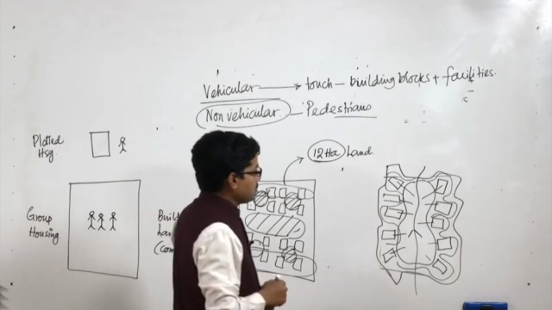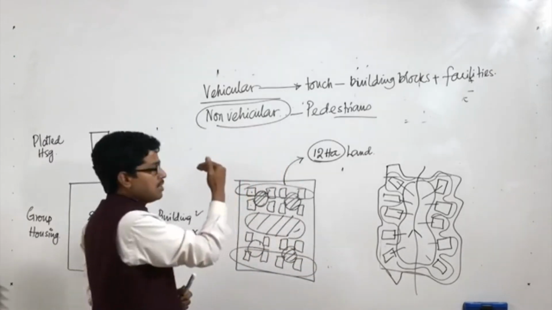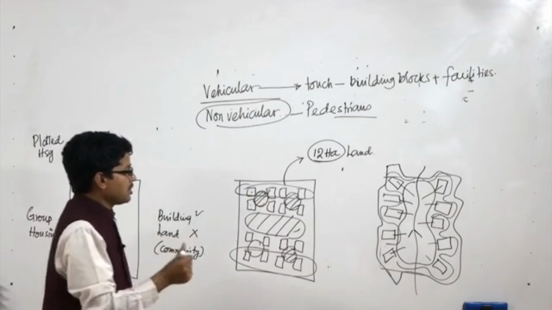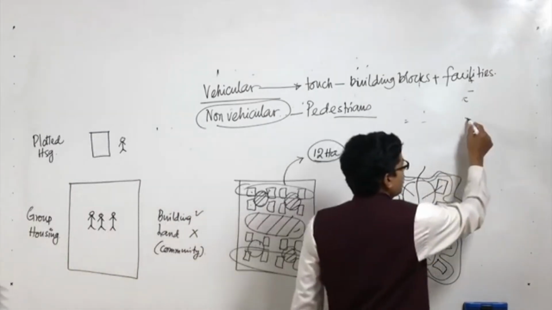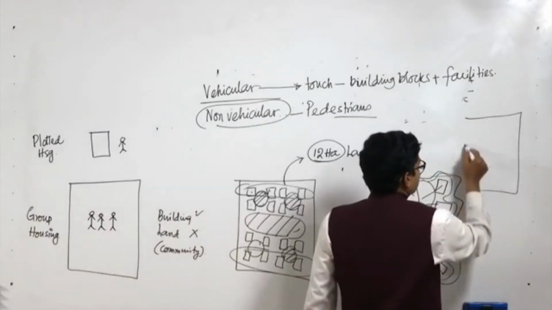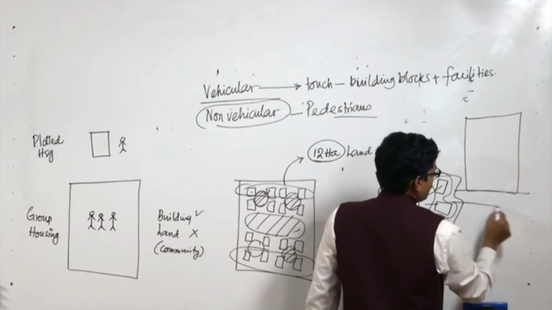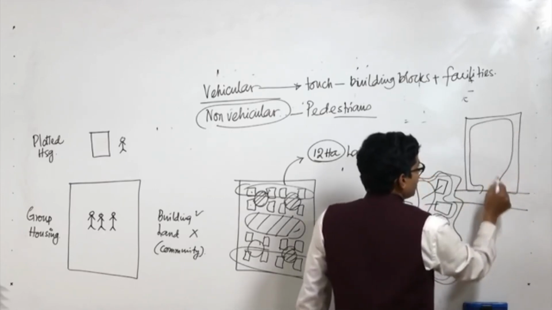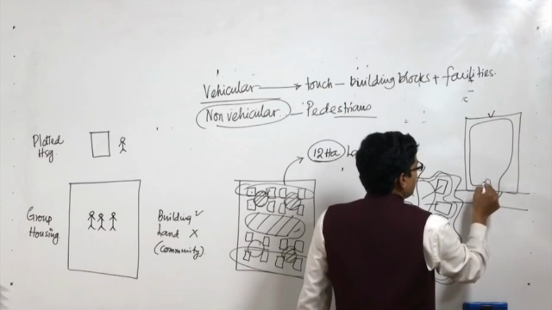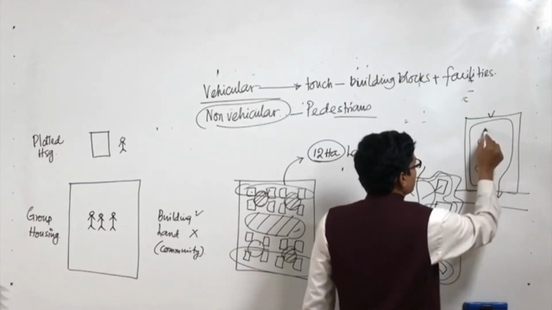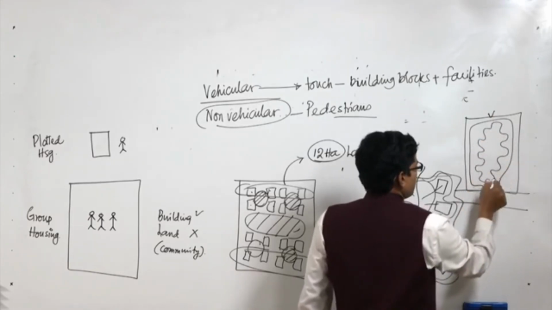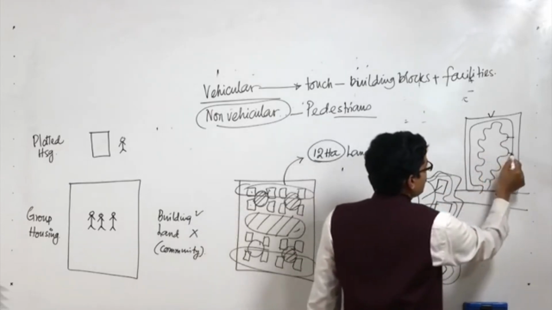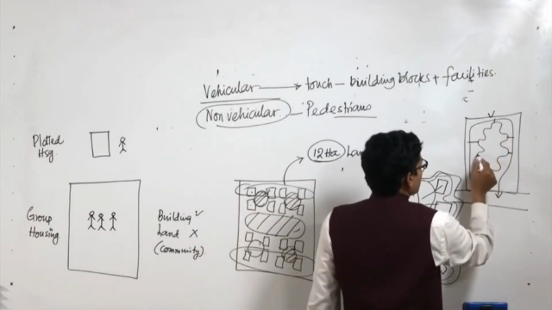One approach to segregate or integrate the vehicular and the non-vehicular movement is, in a plot, if this is the road, we can make the vehicular pathway at the periphery, and we can have the non-vehicular movement at the center, keeping some interface area between the non-vehicular and vehicular movement.